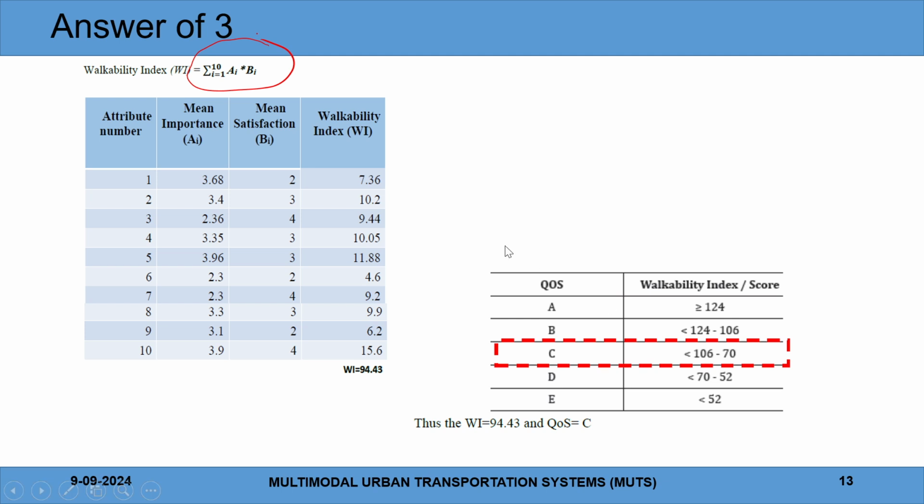AI multiplied by BI. For each case, if you calculate this AI into BI, that is 3.68 into 2, 3.4 into 3, like that, you will get these values 7.36, 10.2, 9.44. And if you add all these values, it comes to 94.43. That is actually the walkability index.